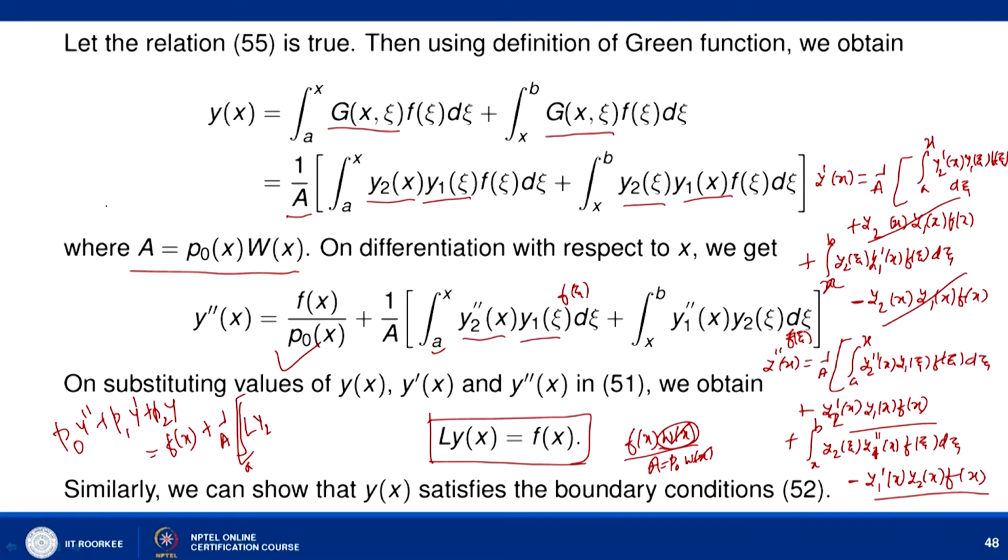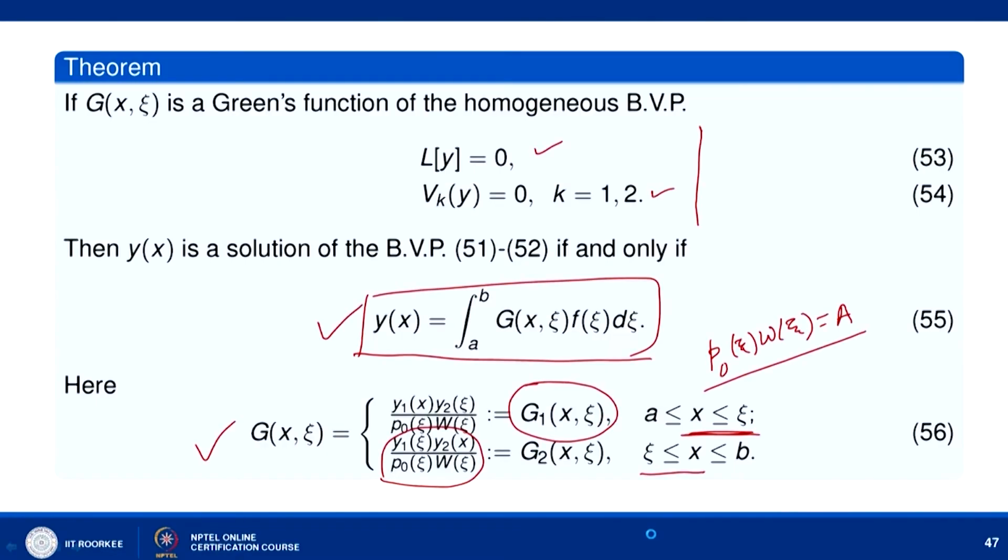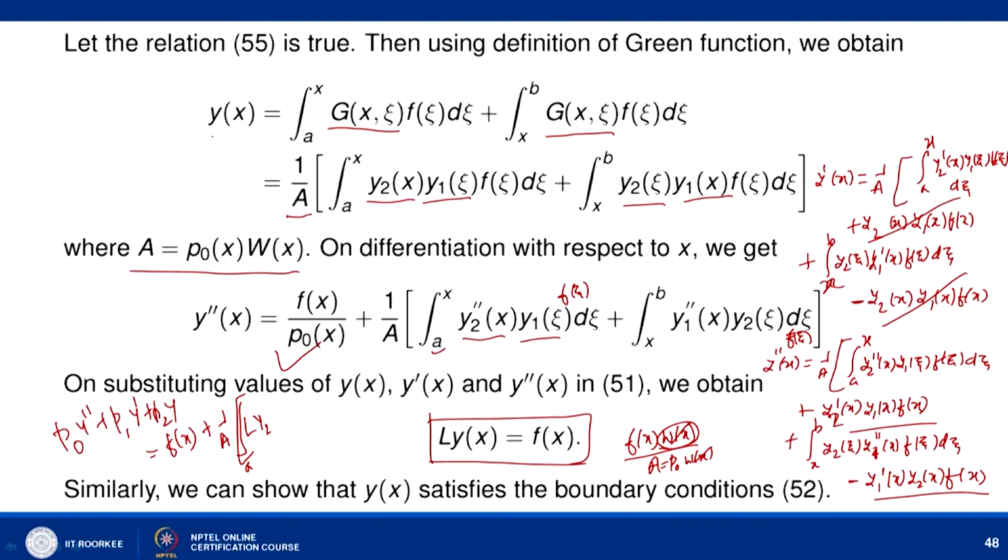Now we want to show that it also satisfies the boundary conditions. So boundary conditions are what? That is V_k y equal to 0. So just note down, look at this particular problem.